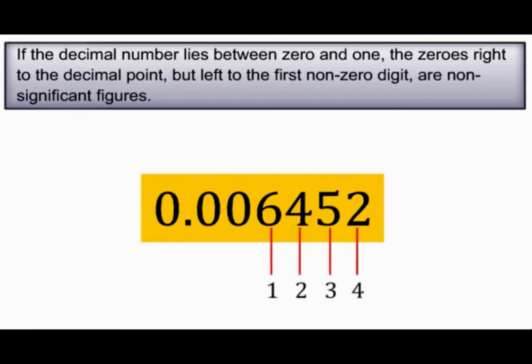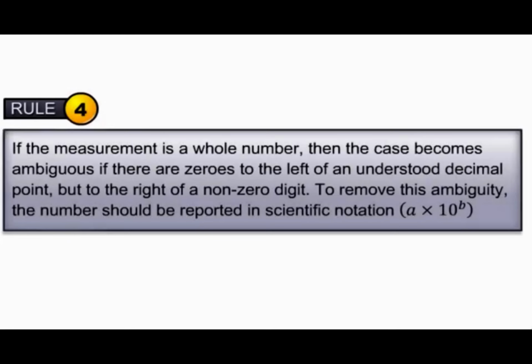The fourth rule states that if the measurement is a whole number, then the case becomes ambiguous if there are zeros to the left of an understood decimal point, but to the right of a non-zero digit. To remove this ambiguity, the number should be reported in scientific notation.